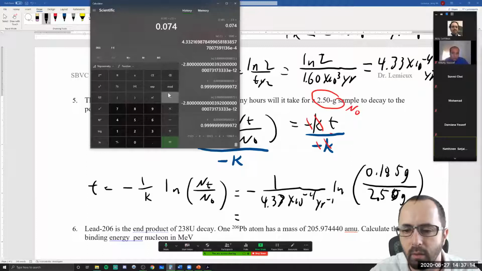I get 0.074. Then I hit the natural log button, take the natural log of it. I get negative 2.6. And then I divide by negative 4.33 times 10 to the -4.